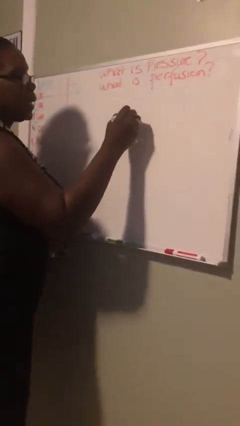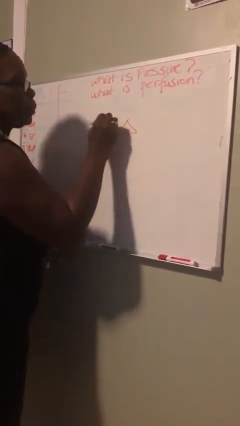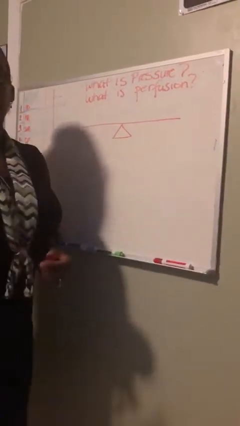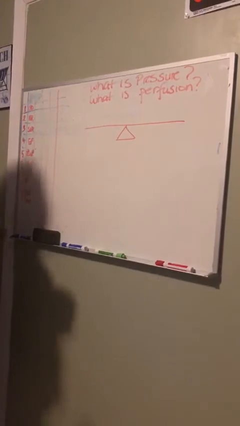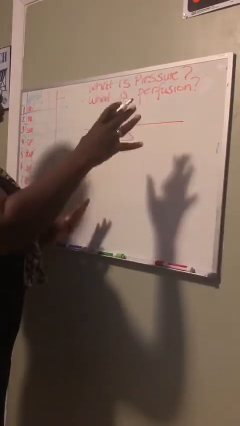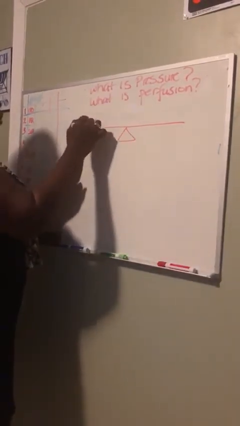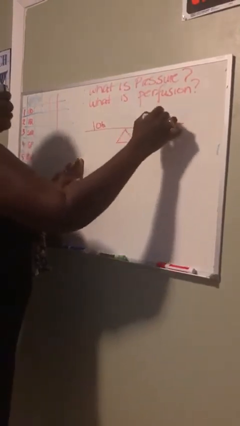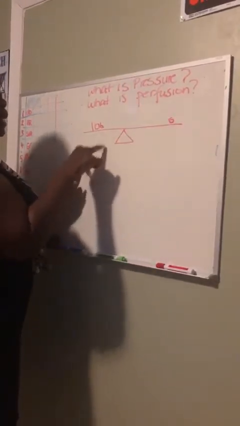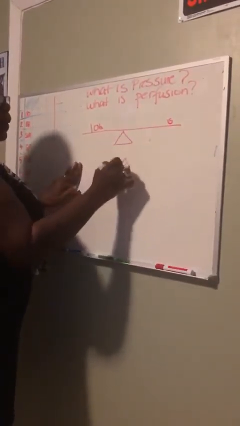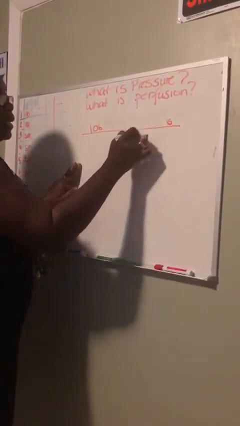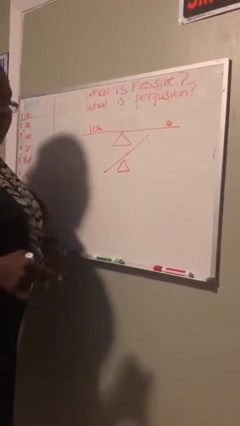Just think of this pendulum. A pendulum is similar to when you were younger and you and a friend used to go on a swing. So if you put 10 pounds here and you put 5 pounds here, what's going to happen? The 10 pound is going to drop, eh? It's going to drop like this, and the 5 pound is going to go up in the air.